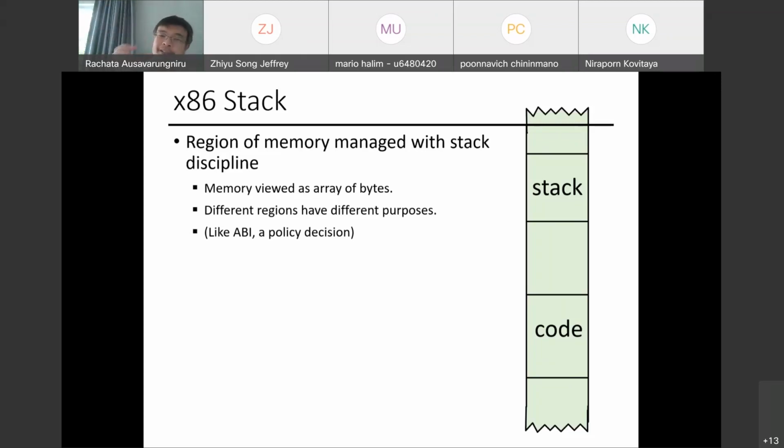This region of memory is managed, and then uses a stack as a data structure for this region. When you buy DRAM and plug it in your computer, when you install Windows, Linux, or Mac OS, they would separate out your memory into different regions based on the ISA.